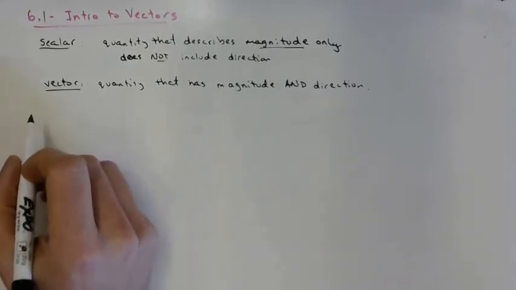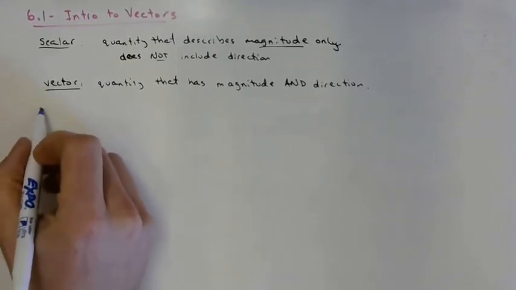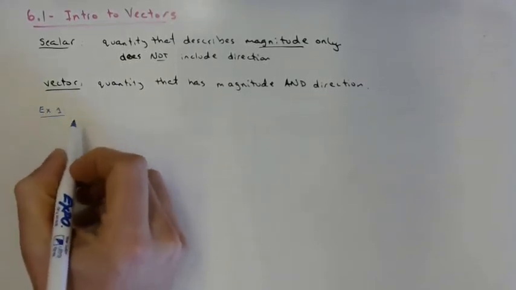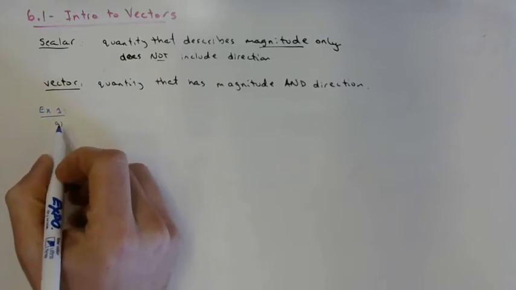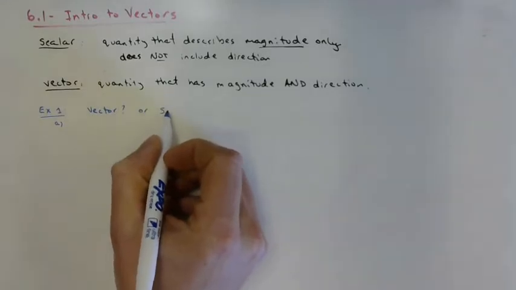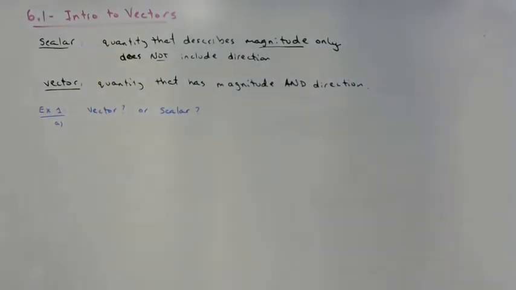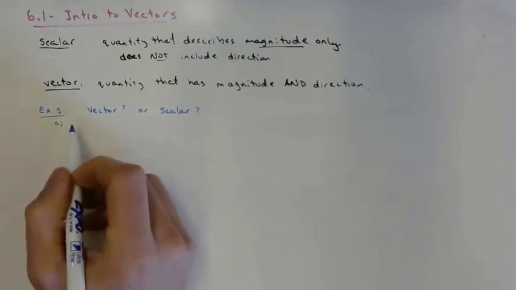If you want to do this, you can do that on the handout that I've given you, or I'll probably jot them down here as well and walk through them. So we're just determining if it's vector or scalar. All we need to know is if it has magnitude and direction or just magnitude.